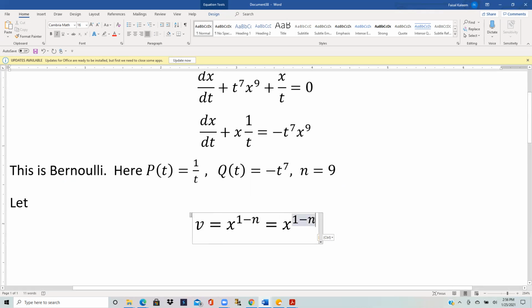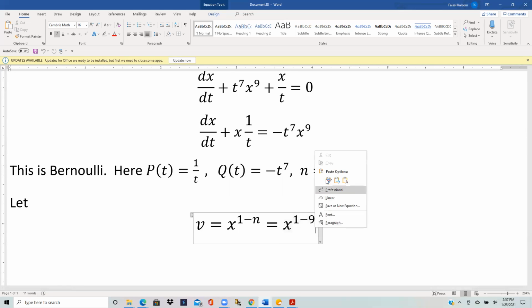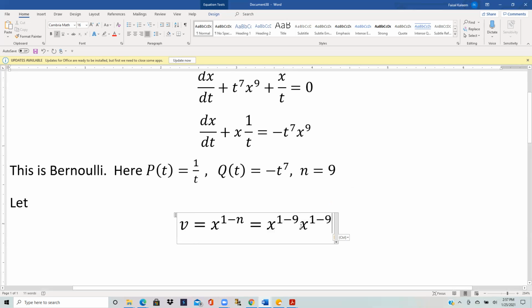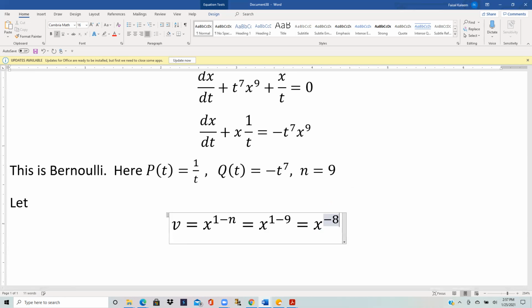So 1 minus 9 equals x power negative 8. Okay, so that's the substitution. v equals x power negative 8.